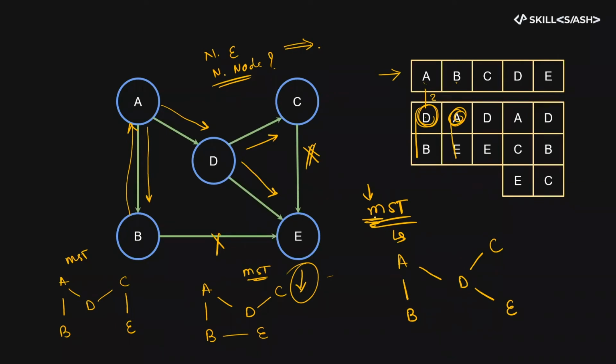Then from B we need to start and again take out the minimum cost required to cover all the nodes. It's like a brute force approach, taking each and every node and starting the DFS from there. Yes, you can do that.